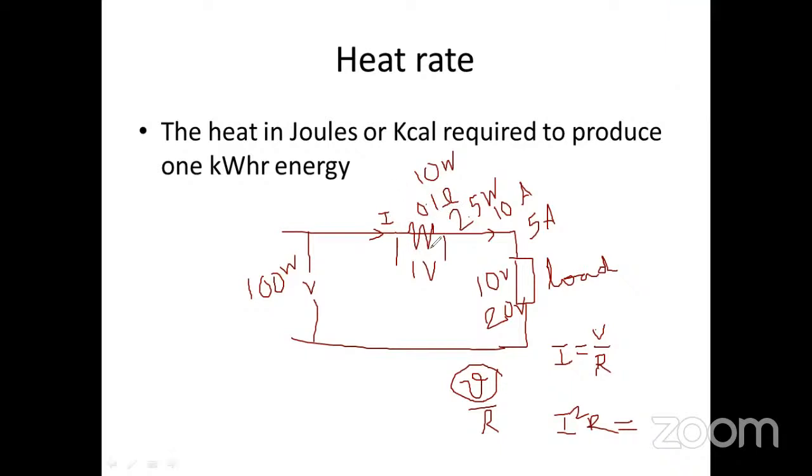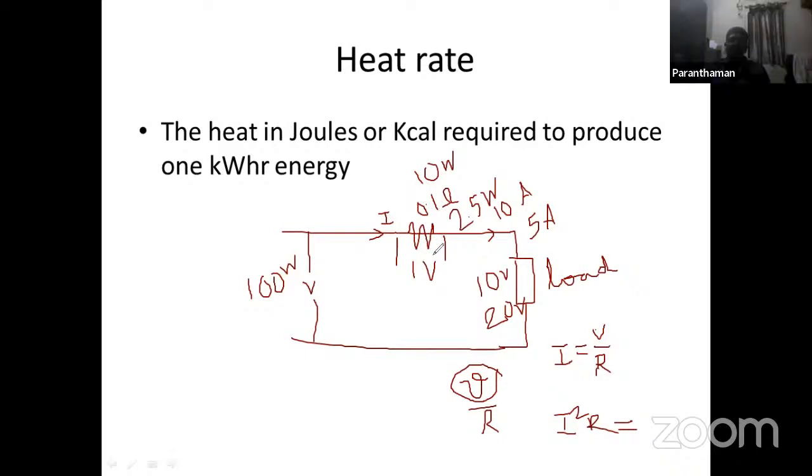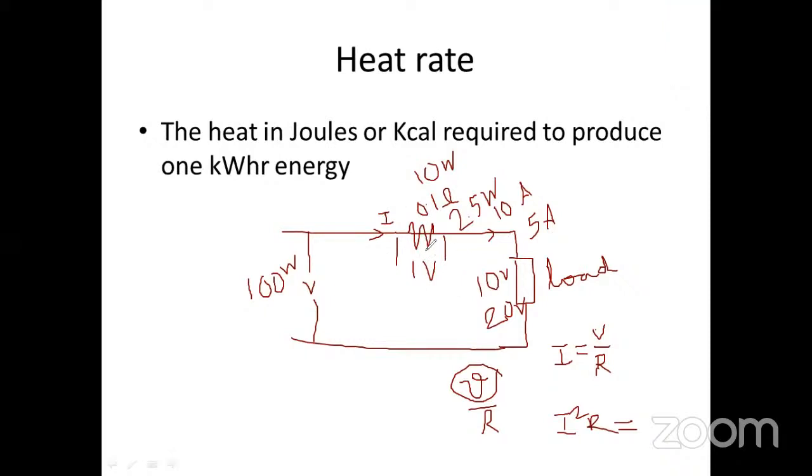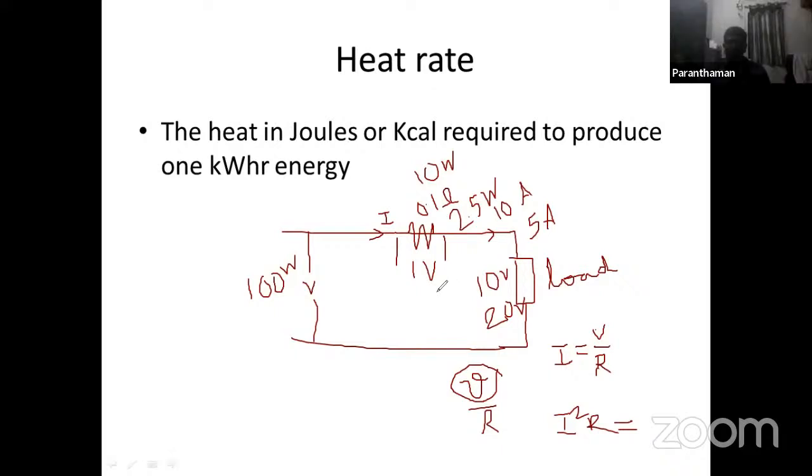This is the line loss. This I square R loss can be written, as I already told you, V square by R. That V is not this terminal voltage V. It is the voltage drop across that particular resistance. You got it, sir?